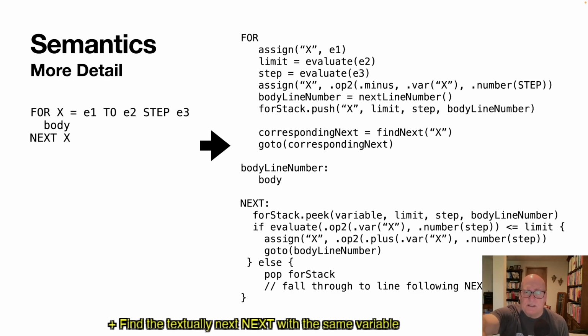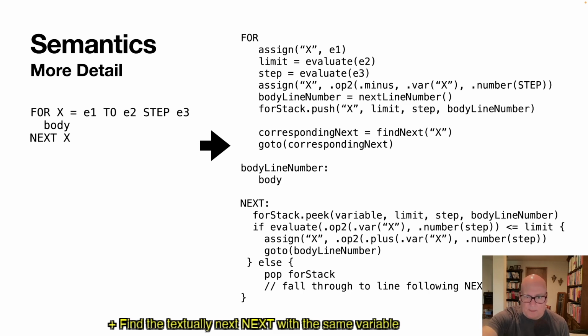Then we're going to assign x equals x minus the step size. Maybe we could have done that before. We probably could do that in one line if we wanted to. Then we're going to calculate the body line number, which is the next line number after the for. Push that on the for stack, find the corresponding next, and then go to it.